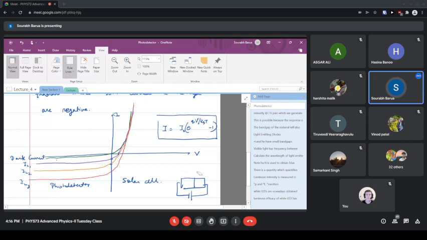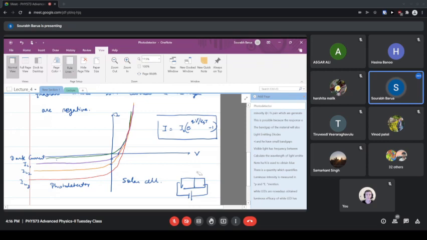Right. So that is what I have written here, what I've just explained to you. And you can see, so the same graph which I had shown in the last curve, from that you can actually generate this curve.